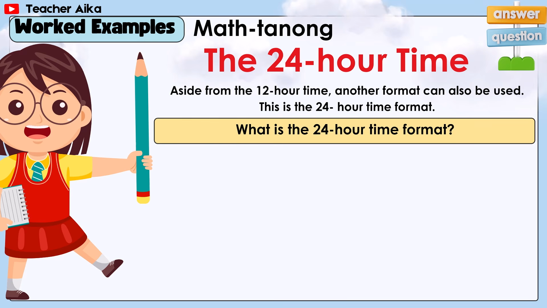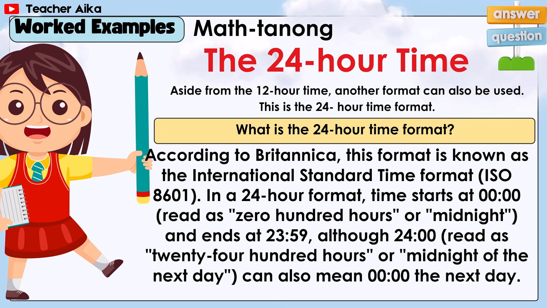The 24-hour time. Aside from the 12-hour time, another format can also be used. This is the 24-hour time format. What is the 24-hour time format? The answer: according to Britannica, this format is known as the International Standard Time Format, ISO 8601.